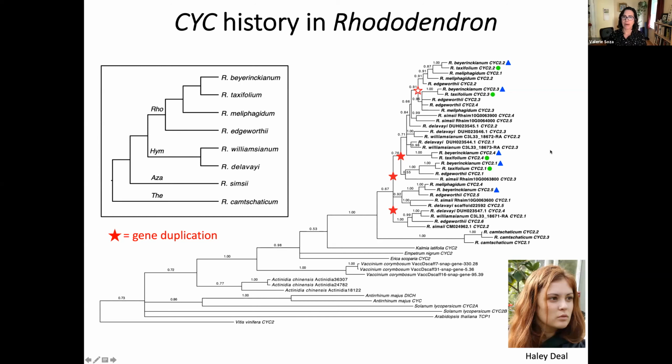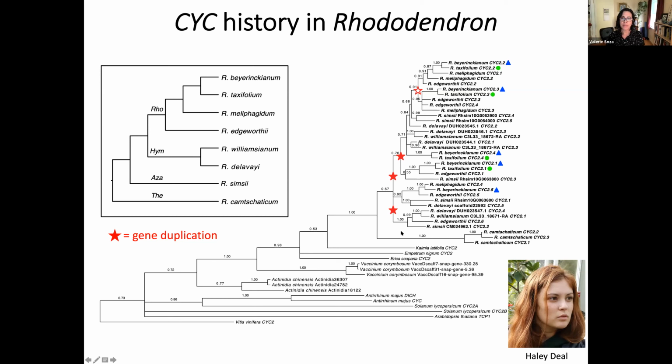And what I want to point out here are these things in bold are rhododendron cycloideas. And we did observe some duplications in these genes that happened independently in one particular species. So for example, Kamchaticum had 3 copies of this gene.